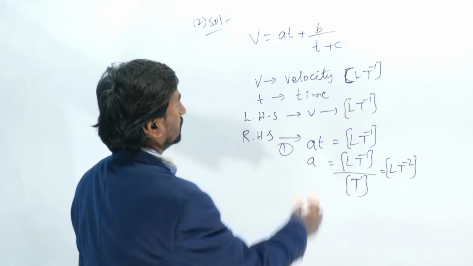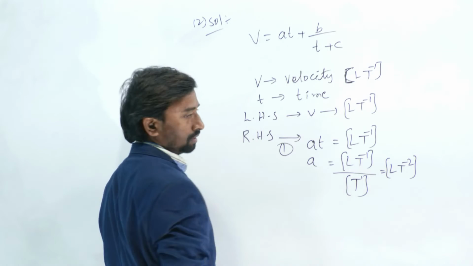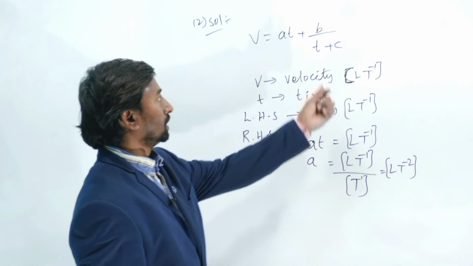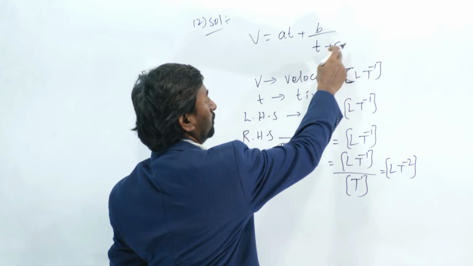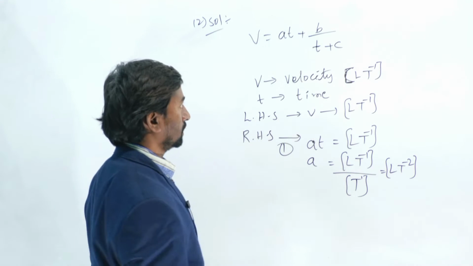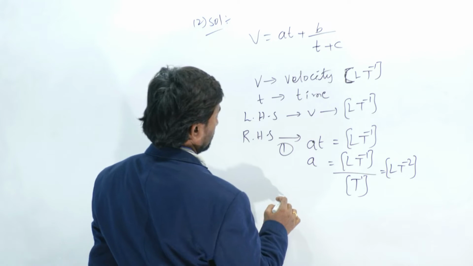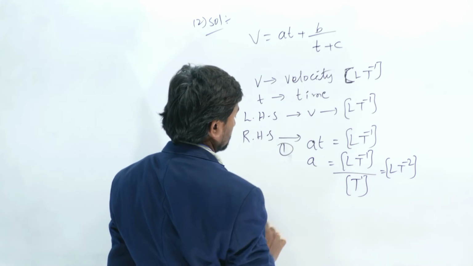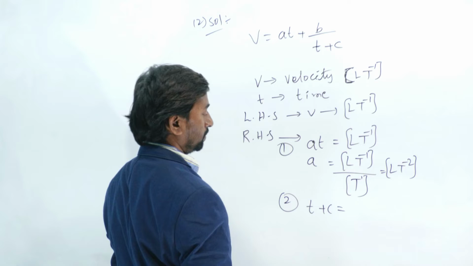Now, to find the dimensional formula of b, we first need to find c. In the second term we have t plus c.